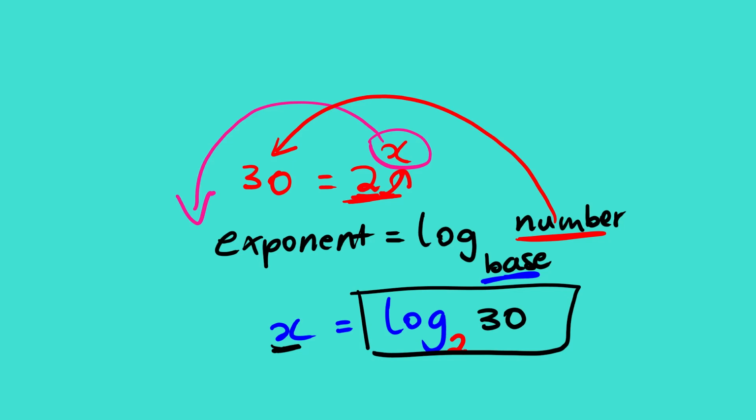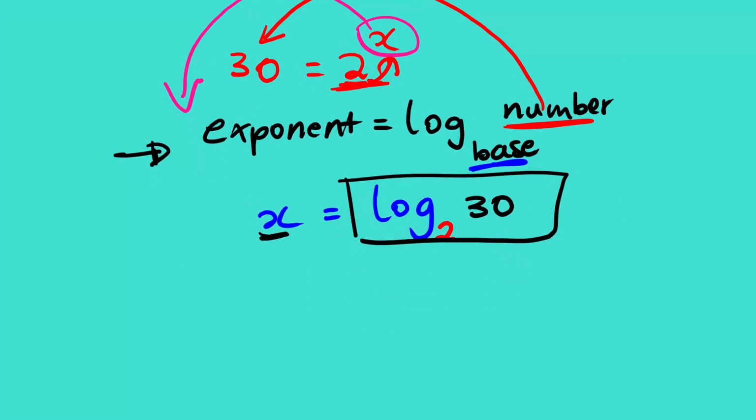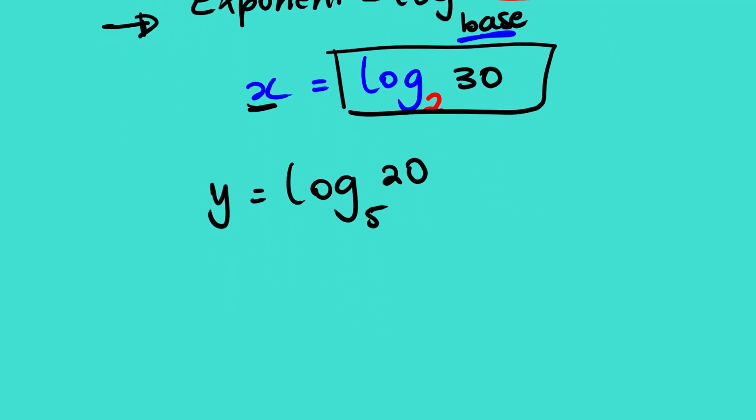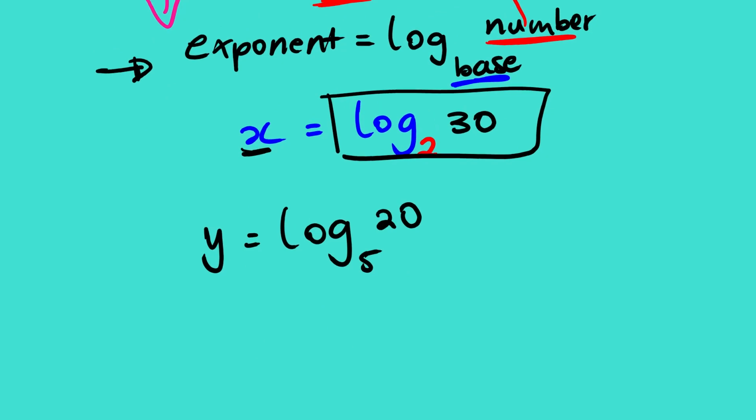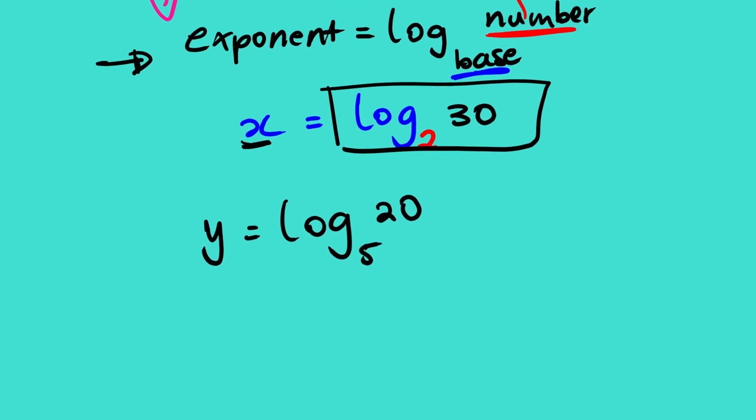Now with this equation, we need to reverse it so that we can find the concentration of hydroxide. Suppose we have y is equal to log base 5 of 20. How can we reverse this? We know that the exponent is equal to log base number. In this case, we are going to look for the exponent, which will be this.